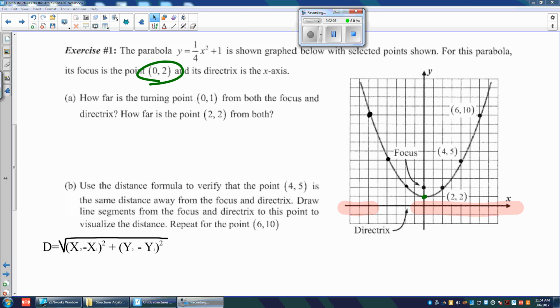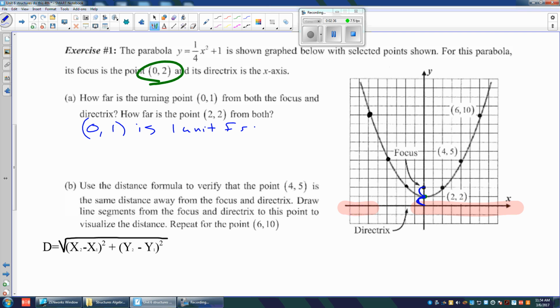Because that is a vertical distance with a 90-degree angle from both of them, we can just count and say that (0, 1) is 1 unit from both.